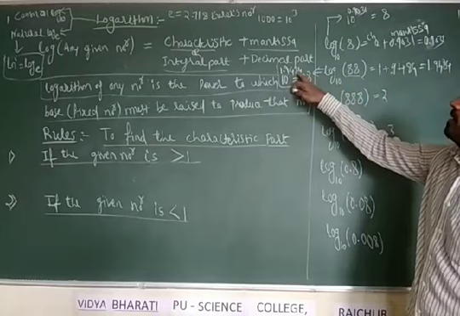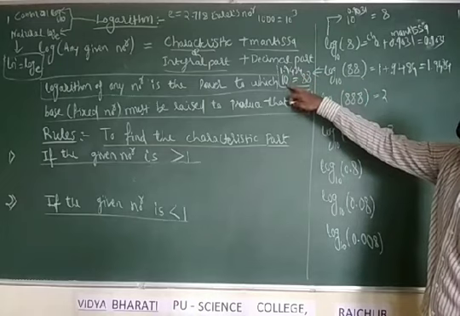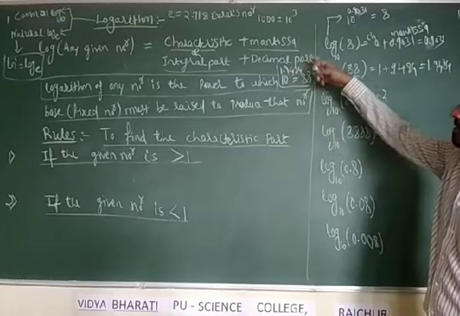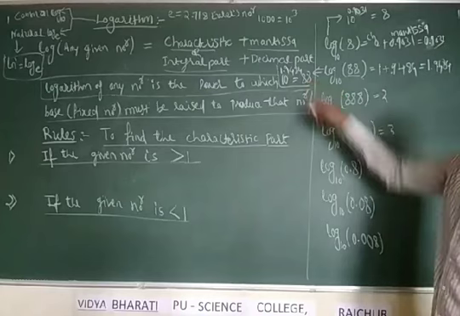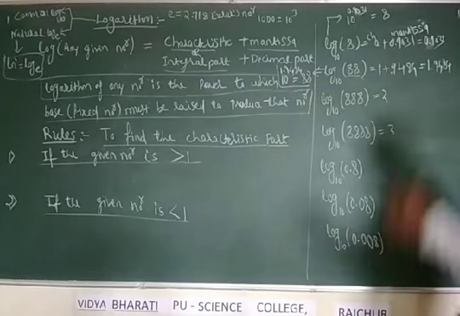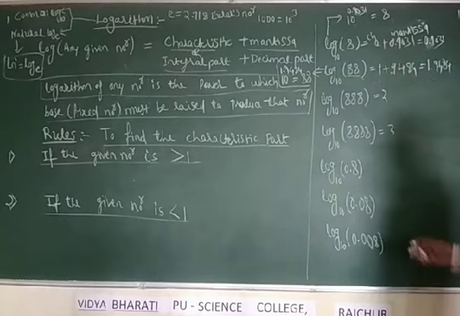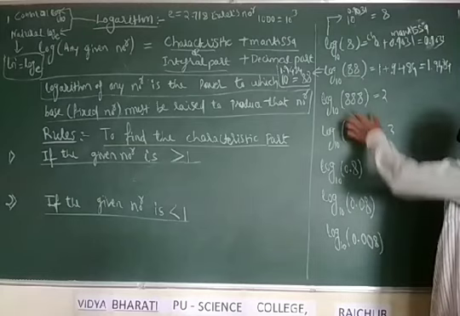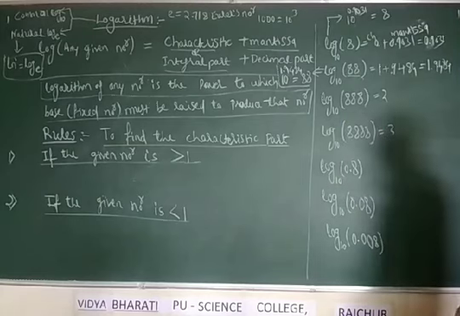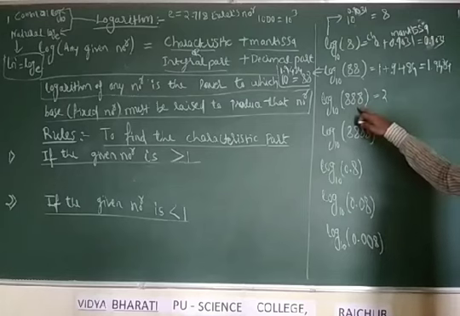This is the power to which 10 has to be raised in order to obtain 88. In that way, the characteristic can be found for any given number easily just by the method of inspection, depending upon which place the given number belongs to.